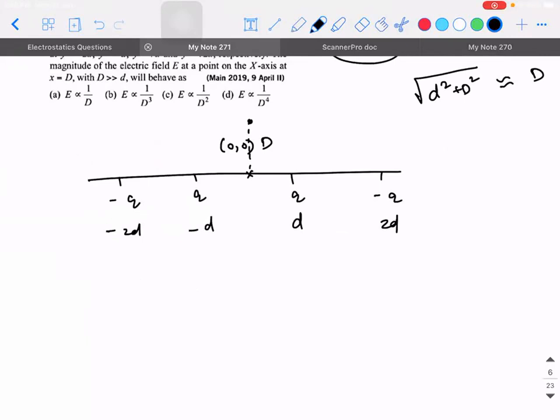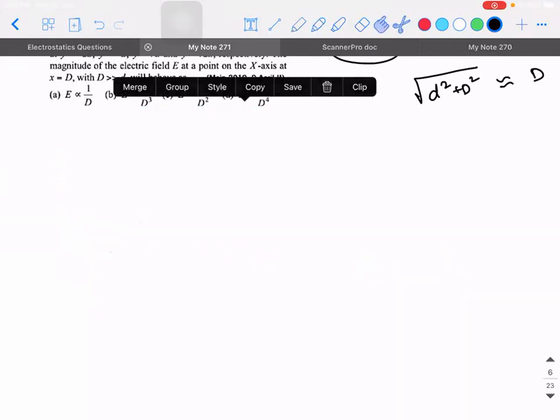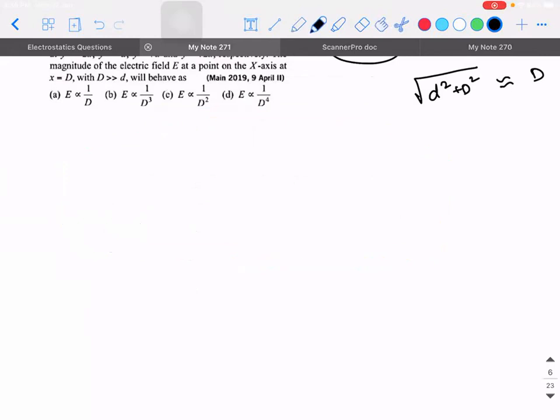I think we'll better go with the original approach because we need to involve cos theta. Is it not looking similar to a dipole, except for the fact that there are 4 charges? So you have plus q, minus q, plus q, minus q.